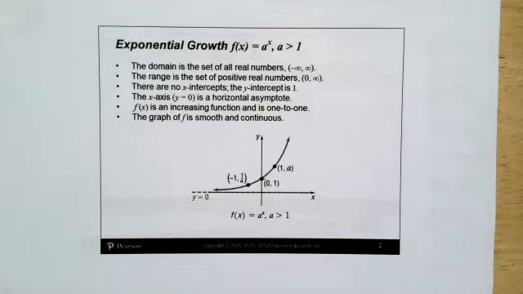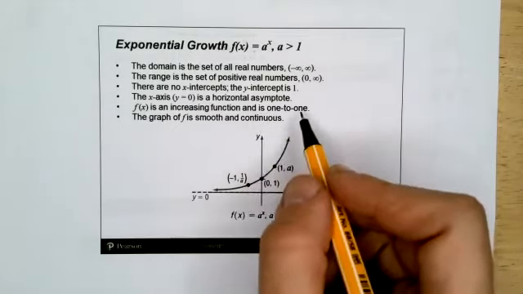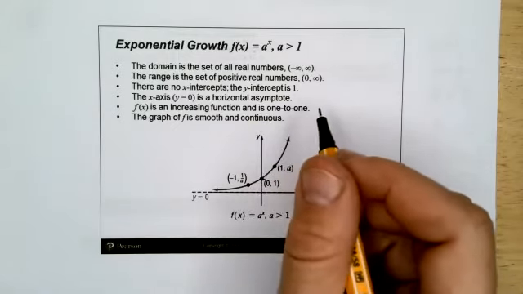The x-axis is a horizontal asymptote. If you look to the left, we approach 0, we never reach 0 on the y-axis. And the graph of f of x is an increasing function and is 1 to 1. So increasing just means it's rising, it's growing, it's going up. It is 1 to 1. We talked about 1 to 1 on Monday.